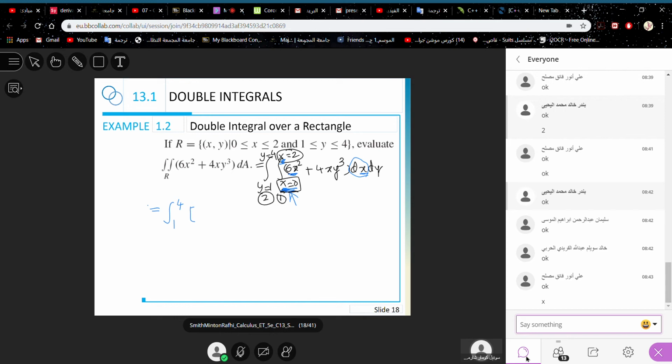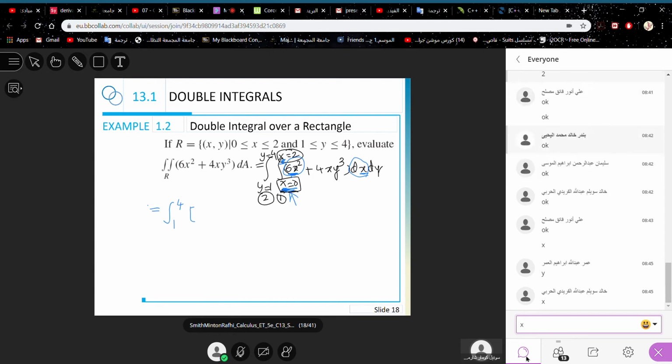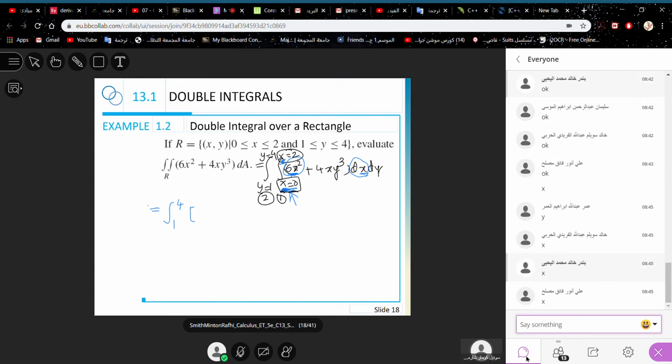Is this an x function or a y function? You can see directly that it involves x only. So this is the x function.